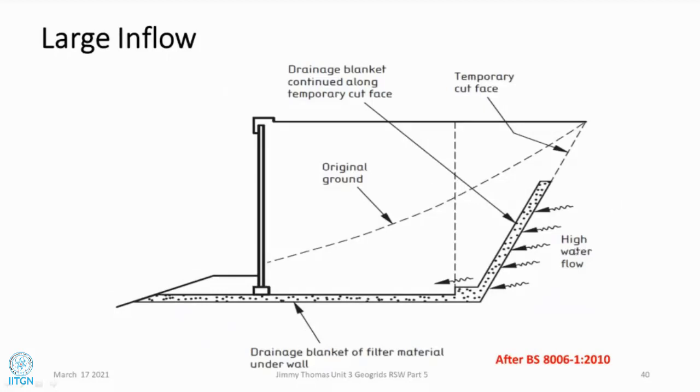When there is high water inflow, we have to provide a chimney drain. It will be a continuous drainage blanket and chimney drain, because a lot of flow is there and it has to be taken out. So depending on the height of the water table and the inflow, we have to design a drainage system.